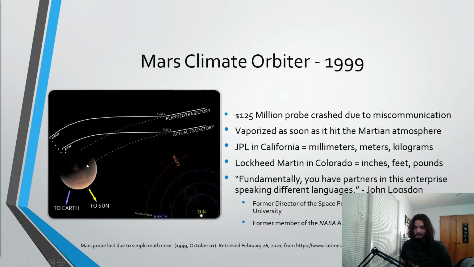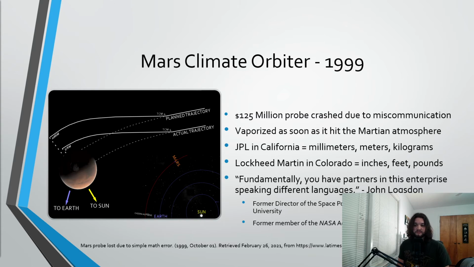It was gone. The two main organizations working on this project were JPL in California, Jet Propulsion Laboratory, and they were using the metric system, millimeters, meters, kilograms, all of that. And the other one was Lockheed Martin in Colorado. They were using the imperial system, inches, feet, pounds, all of that, which is fine.